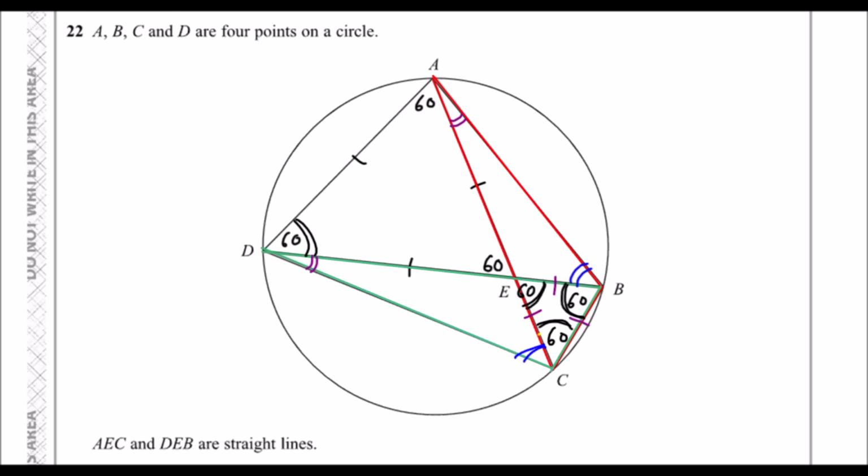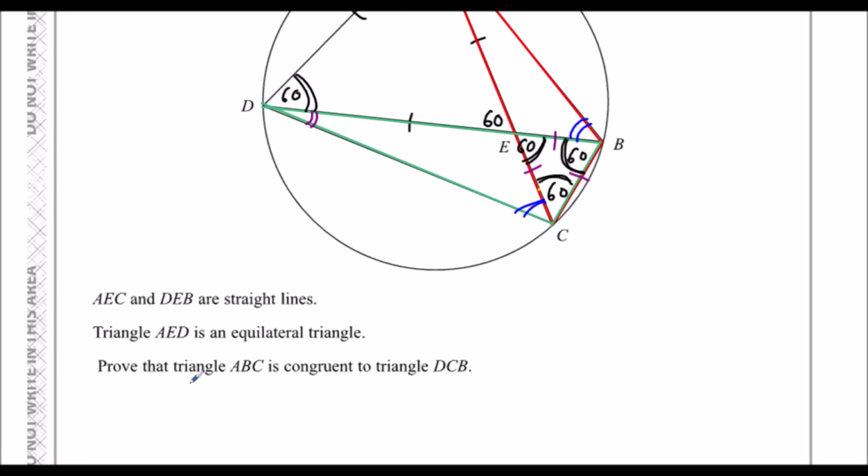Let's write one of them down. So let's go with angle side angle. So BC is common to both. So we'll have that as our side. BC is common to both triangles.